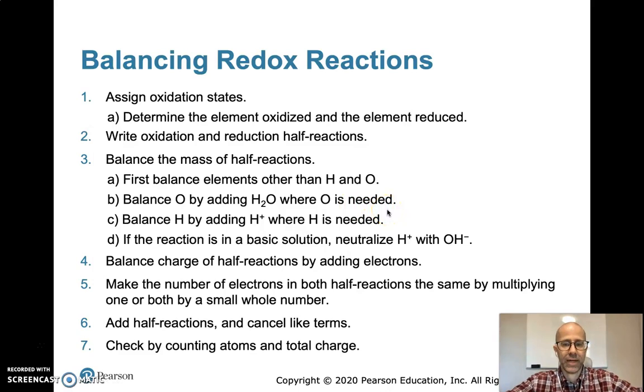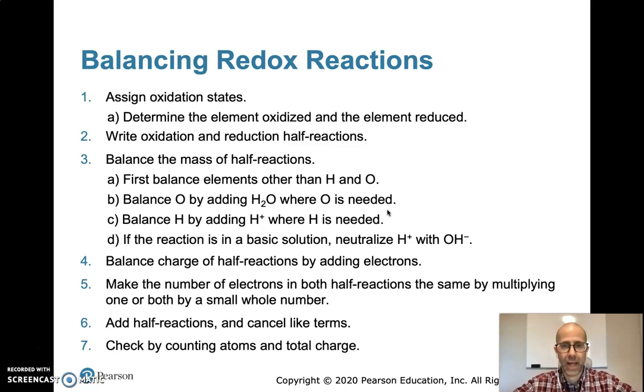Now, we're going to separate balancing in an acidic solution versus in a basic solution, but so far, it doesn't matter. What we've gone over applies to both acidic solutions and basic solutions.